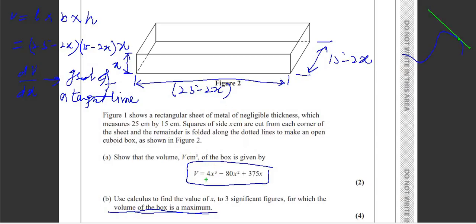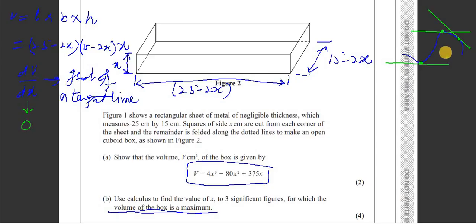At maximum and minimum, this dV by dx always has a 0 gradient, because if you see, this is the minimum of this function and this is the maximum, and if you draw the tangent line at either the minimum or maximum, you always have a horizontal line, and a horizontal line means gradient 0.